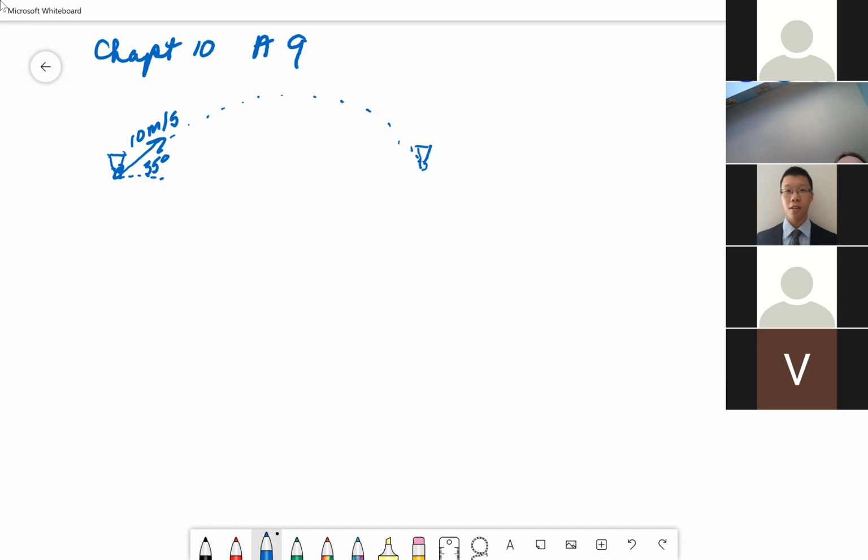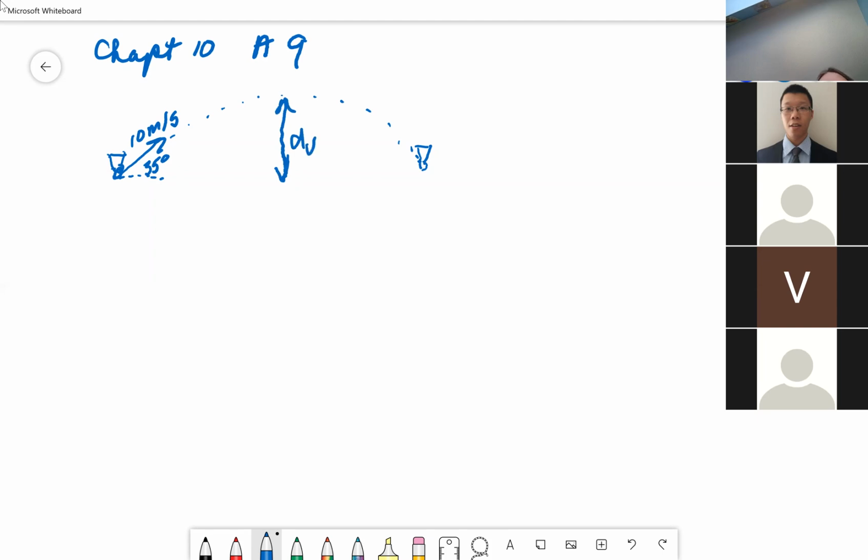So it lands. Key thing here, it lands at the same height. We know that. We want to know how high it's going to go above where it was actually hit, that vertical velocity, and we want to know its distance horizontally.